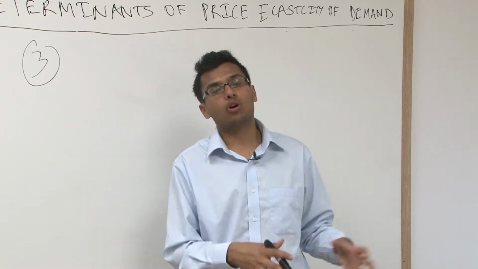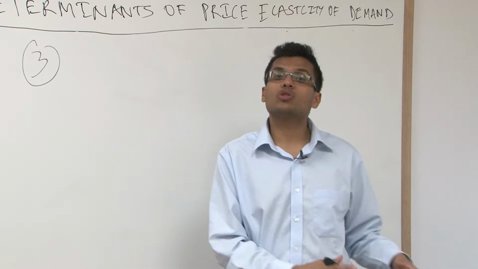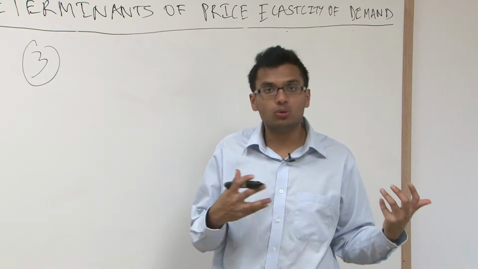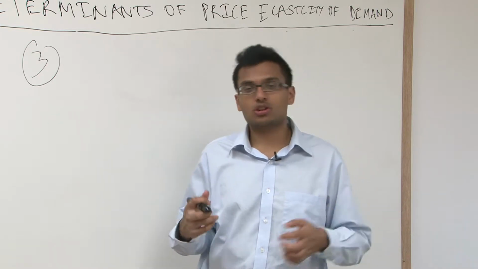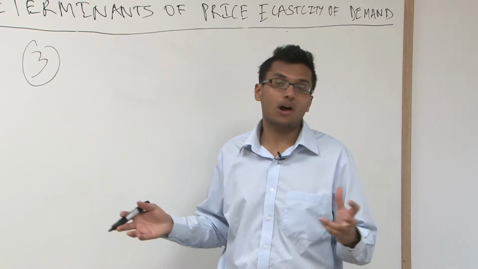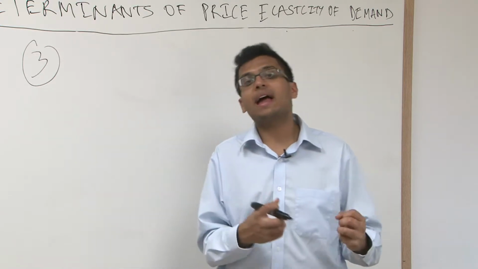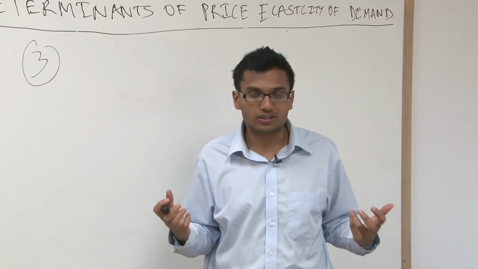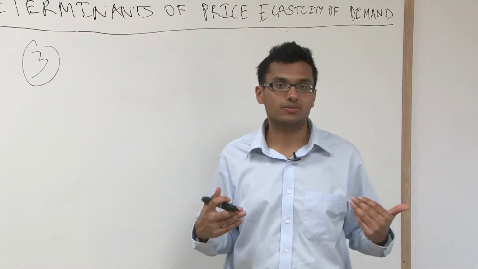Because the more competition there is, the more substitute goods there are, and you can't change your prices as much, because if you as a manufacturer start to charge a little more, people are going to switch to other manufacturers that offer their product for cheaper. But if you don't have substitute products and you increase your price, then what are they going to do? They're not going to go anywhere else. If they want diamonds, they're still going to come to De Beers.